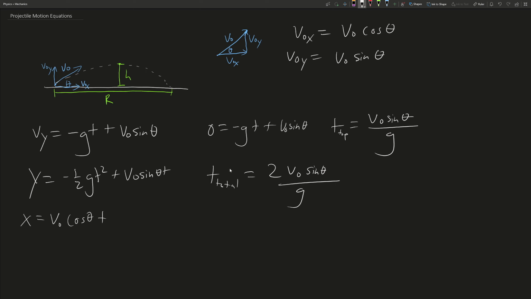And substituting in t total to find the range, as in the x position after it travels for its time of flight, is equal to v0 cosine theta times 2 v0 sine theta over g. And so the range is equal to 2 v0 squared sine theta cosine theta over g.